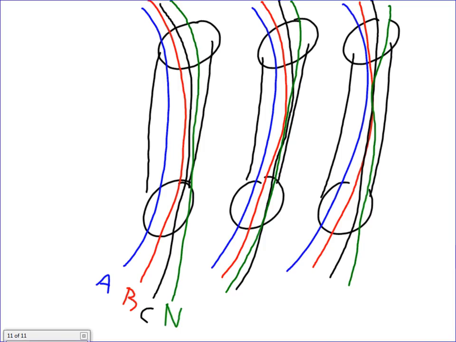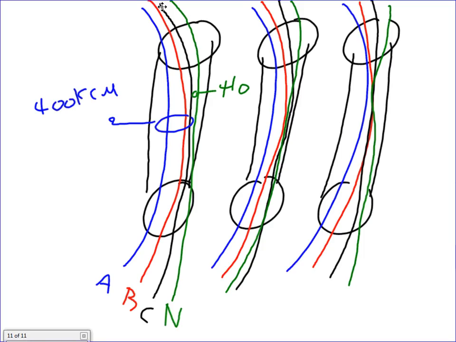And the neutral was, what was it, 4-aught? 4-aught. And all the phases were 400 kcmil. So coming from the utility transformer to the switchgear, parallel.